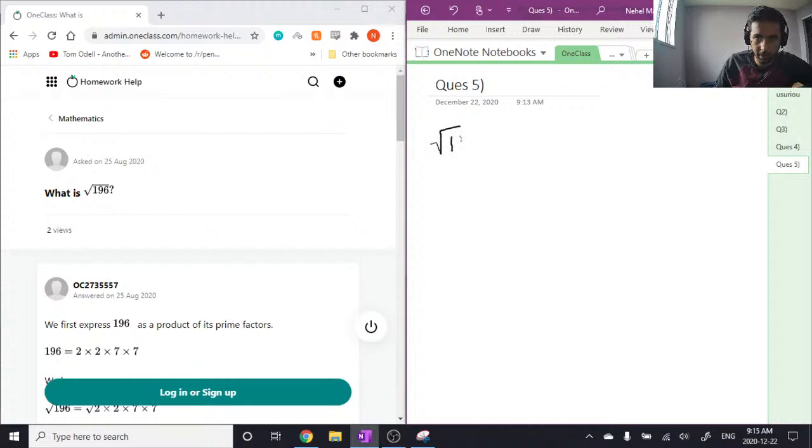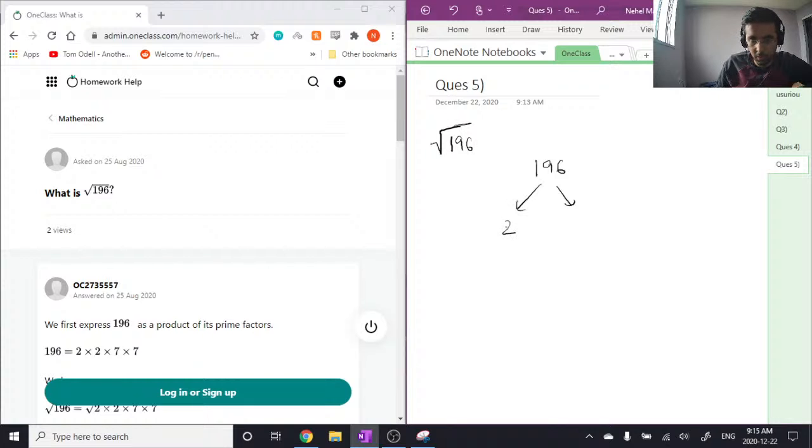Under root of 196. So the way we solve any square root question or a cube root or any question which has some power in fractional terms, we write the prime factors. So I'm going to start off by writing the prime factors of 196.